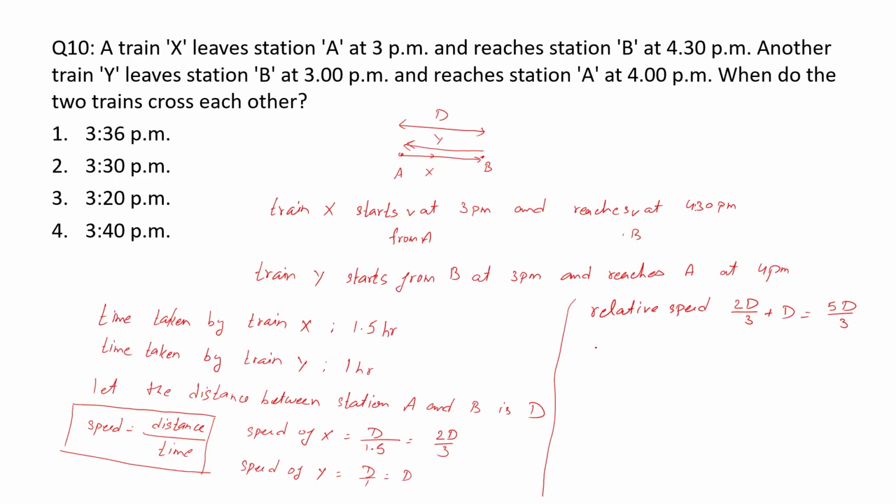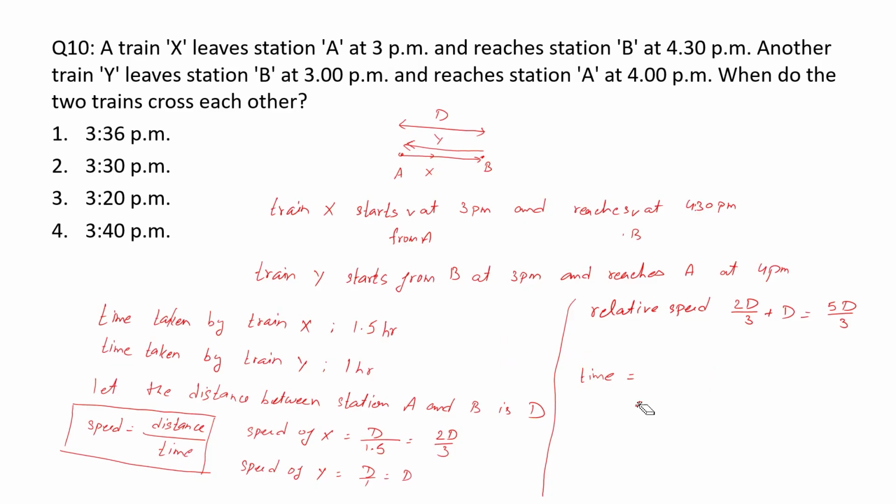So now you have to calculate the time. When do two trains cross each other? So again, from here you can calculate time from this formula. Time is equal to distance upon speed.